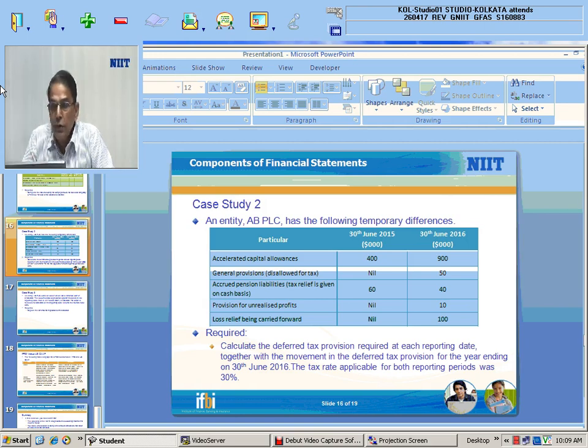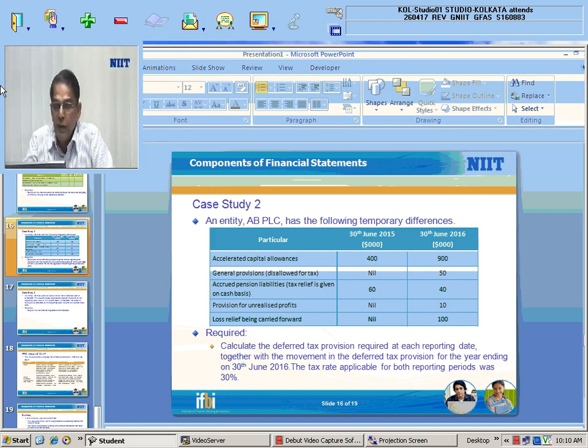Accelerated capital allowance on 30th June 2015 it was 400,000, 30th June 2016 it is 900,000. General provision disallowed for tax. Temporary difference on 30th June 2015 was nil. On 30th June 2016 it will be 50,000.